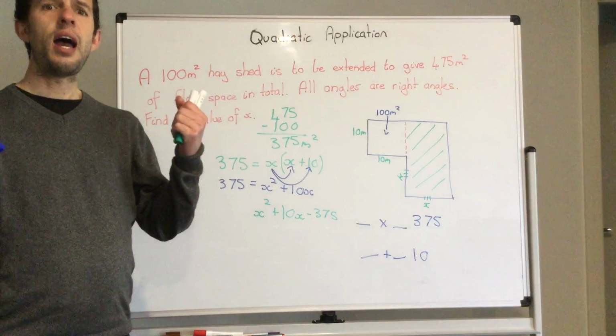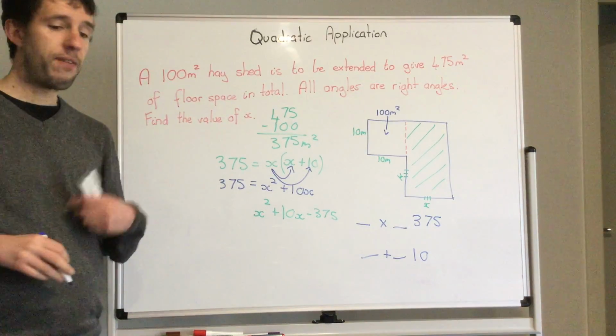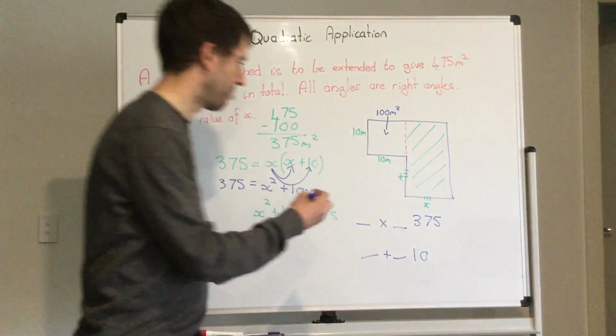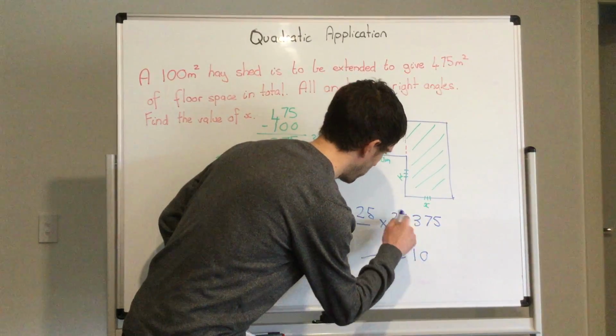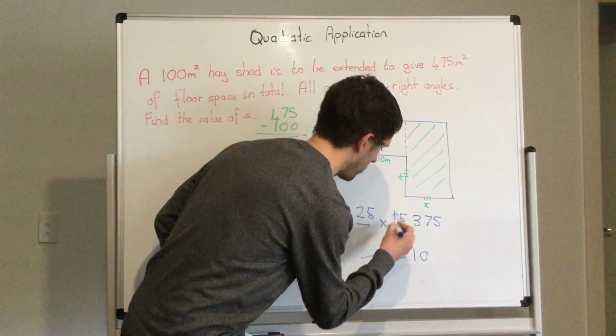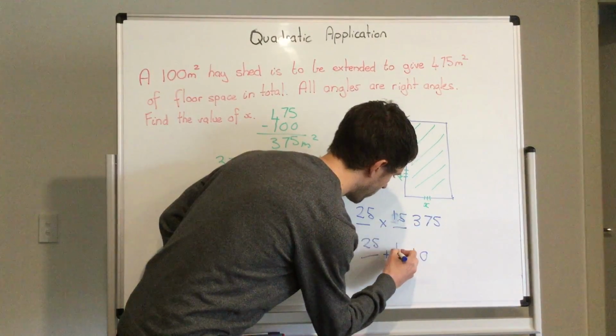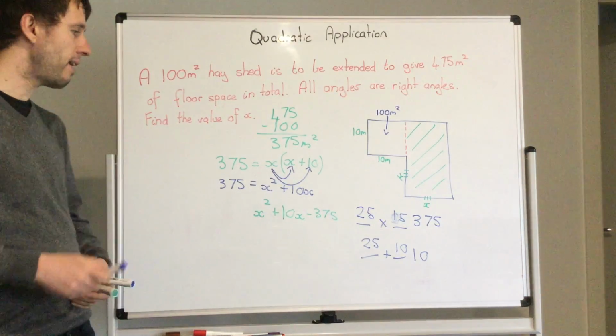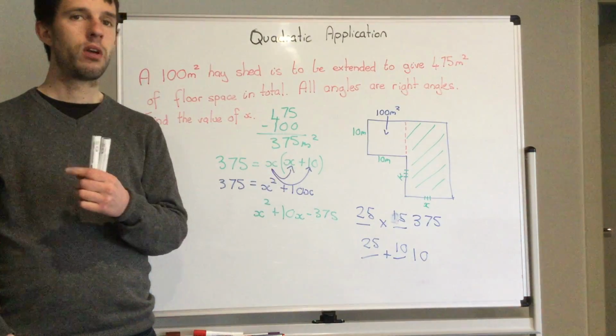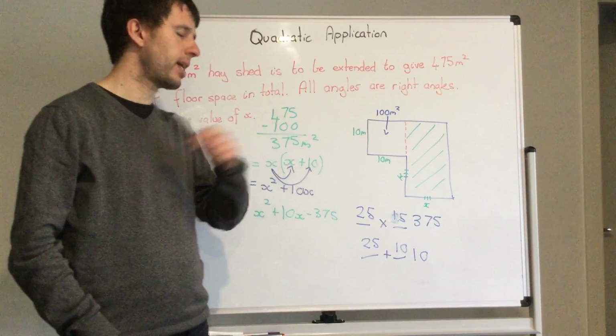So our two numbers will be 25 times 15. Because 25 times 15 equals 375, but we need to have one negative. If we have two, it becomes a positive.